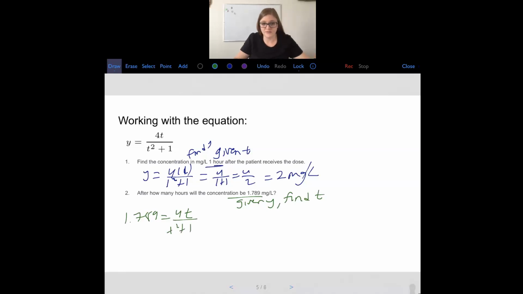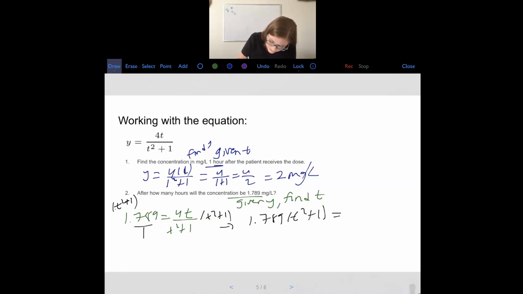When we solve for this, you solve it like you would a rational equation. You can see this as cross multiplying, where we have a fraction equal to another fraction, or as multiplying the denominator to both sides, or as getting the same denominator and crossing them off. Now what I have is 1.789 times t squared plus 1 equal to 4t.